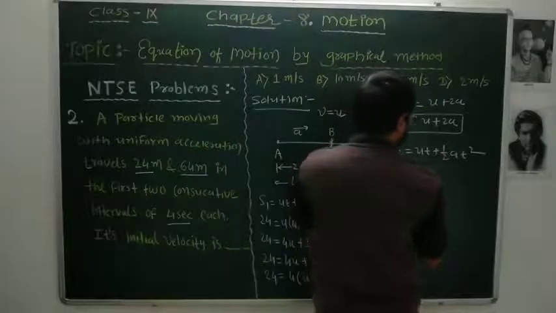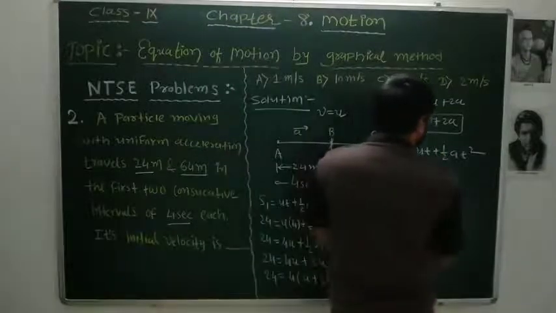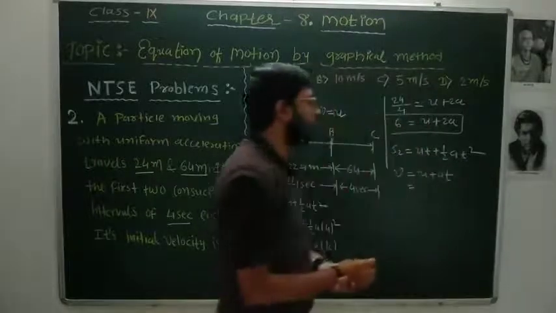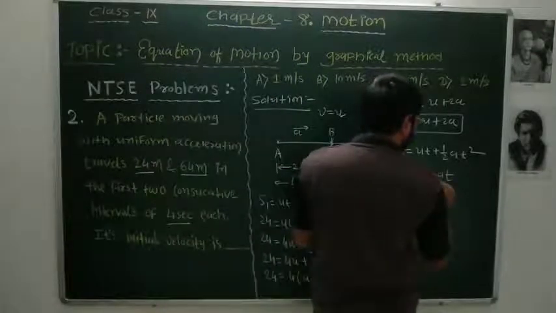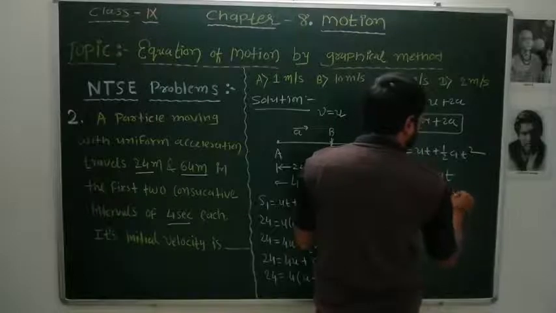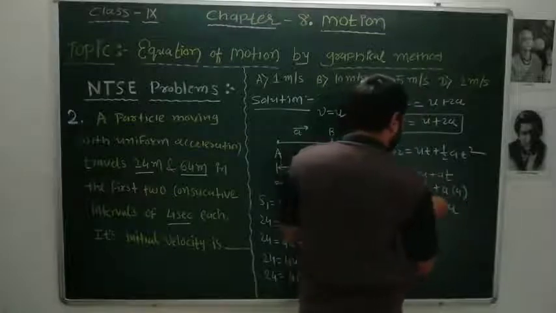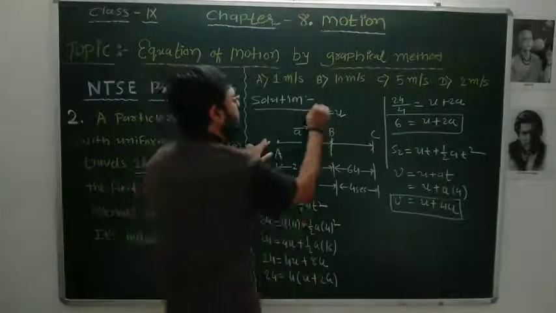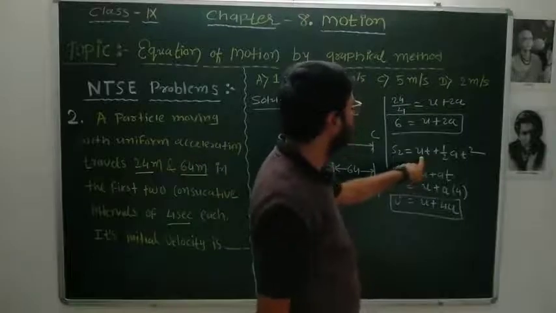From the first equation of motion, v is equal to u plus at, with t equal to 4 seconds. So here we get the final velocity v is equal to u plus 4a. We put this value in this equation, because this v is the initial velocity for B to C.